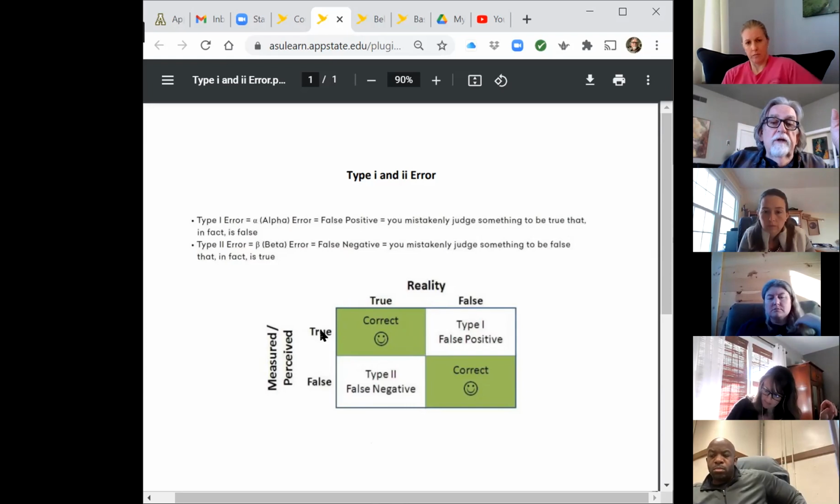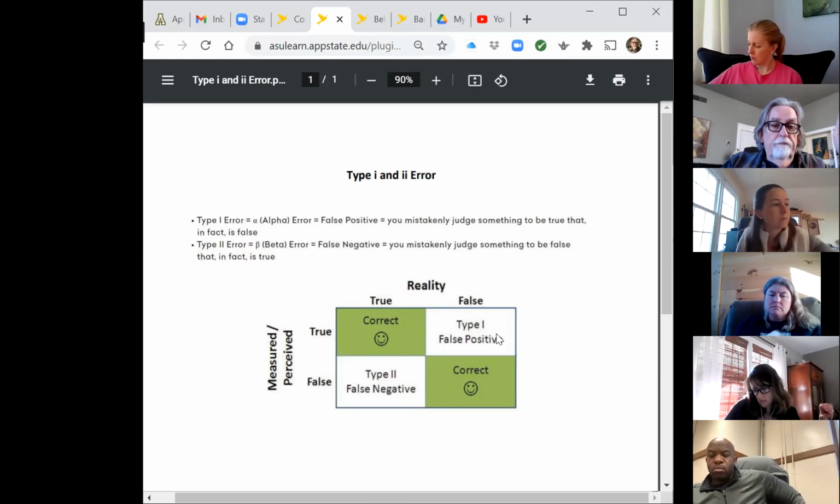But if we decide that something is true, in other words, it's met the alpha level, 0.05, it's significant, and in reality, it's not, that's called a false positive, and that's a type 1 error. False positives are type 1 error.